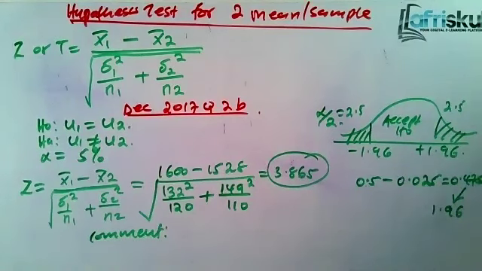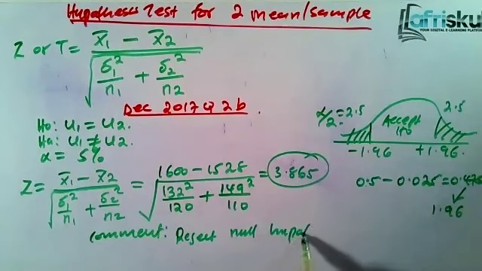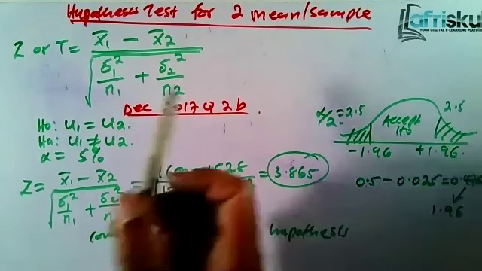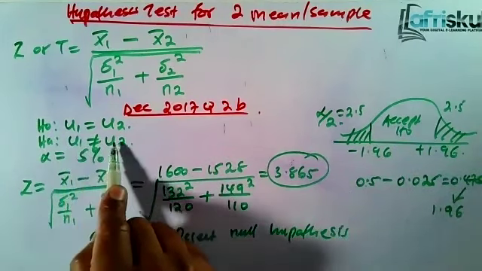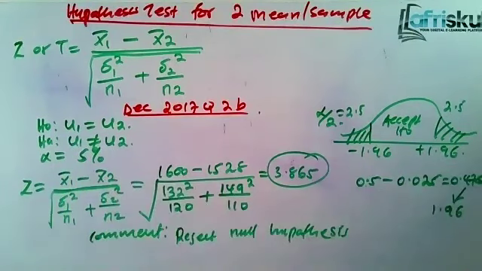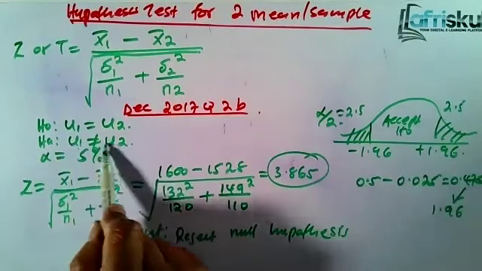So that one we need to reject the null hypothesis. Ukireject na maanisha mean of 1 is not equal to mean of 2, of which ni ukweli. That's the truth.